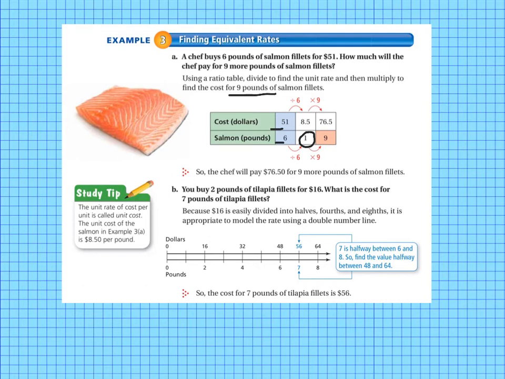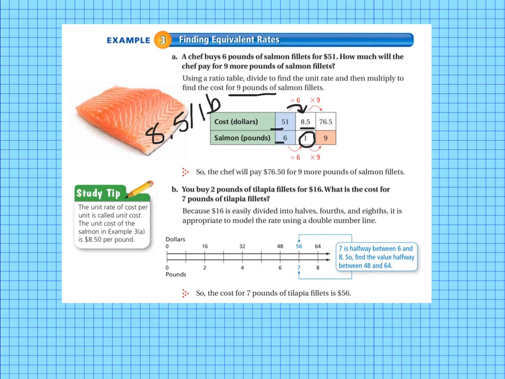And if we divide the bottom of our fraction by 6, we have to do that to the top as well. 51 divided by 6 equals 8.5. So the cost of our salmon fillets is $8.50 per pound. That's our unit cost.